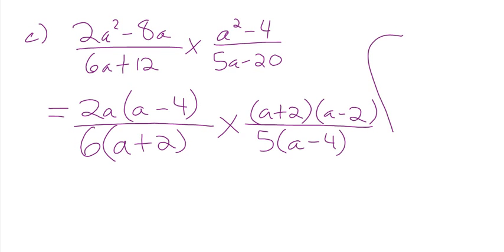Okay, now we state restrictions. It's just a multiply, so we're only looking here and here. So what are the restrictions? 4 and negative 2. Okay? So far so good?